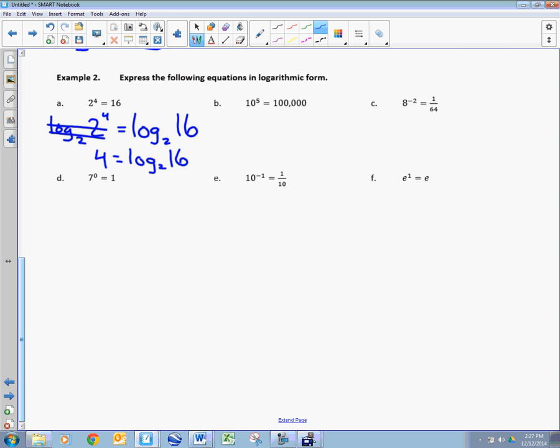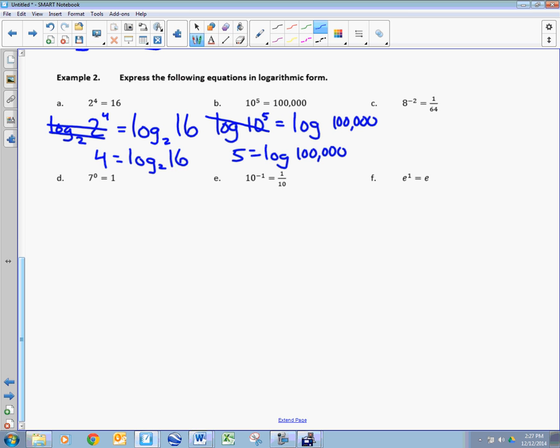I'll do it once more with this. If I want to write this, I'm going to take the log of both sides. What should be the base of my log? 10. Log base 10 of 10 to the 5th equals log base 10 of 100,000. Do I have to write the base 10? What happens to log base 10 of base 10? And leaves you with 5 equals log base 10 of 100,000.